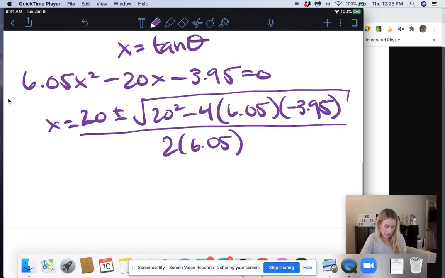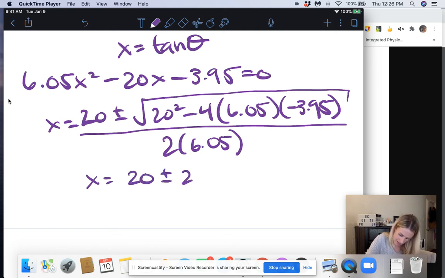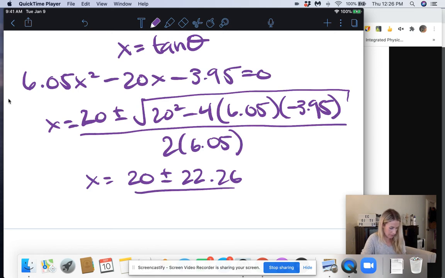Okay, so under the square root, I get 20 squared, and then we're going to add 4 times 6.05 times 3.95, and then take the square root of that. I end up getting x is equal to 20 plus or minus 22.26 divided by 2 times 6.05, which is 12.1.